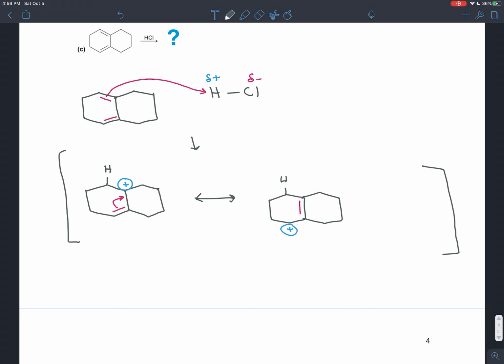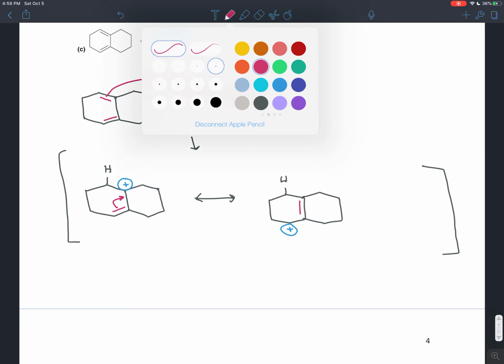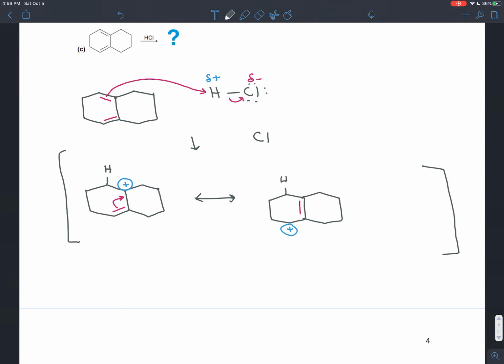So when the hydrogen was attacked, the chlorine left. The chlorine has those three lone pairs, and the chlorine took those electrons and left as the leaving group. And so now it's still floating around in the solution as a nucleophile. And that nucleophile could attack either of the slightly positive positions on this molecule.